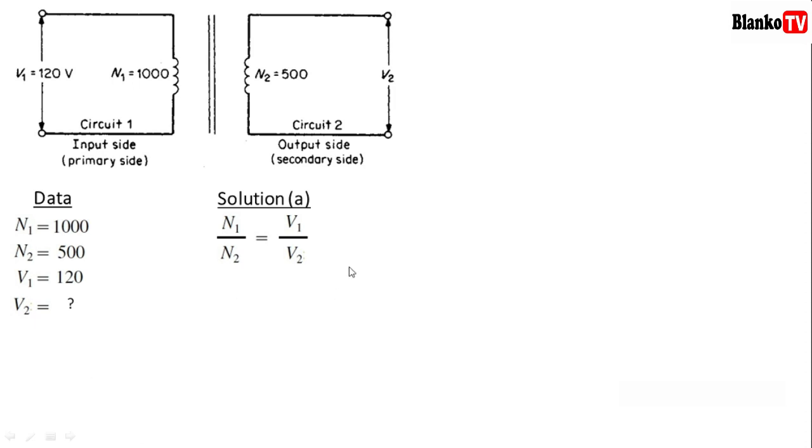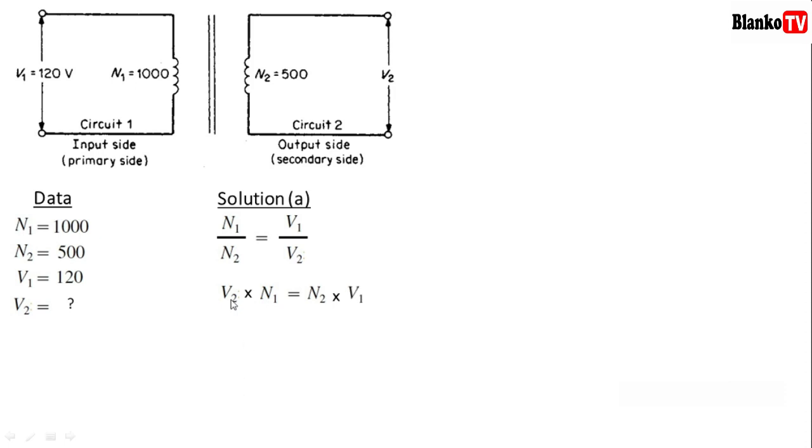We are to solve for V2, the secondary voltage, and to do that we cross multiply. V2 times N1 equals N2 times V1.